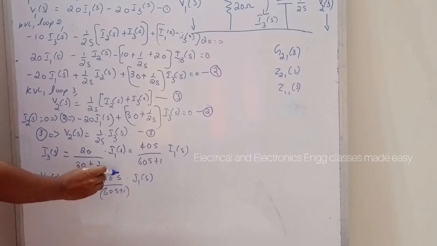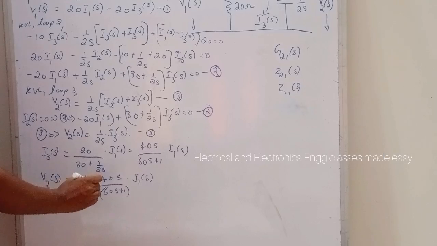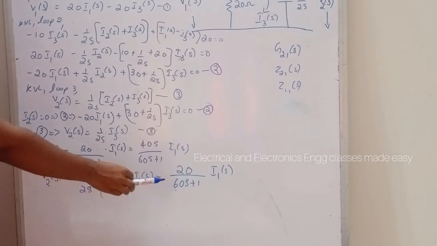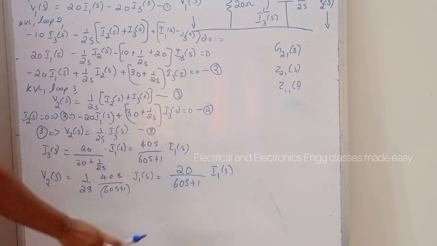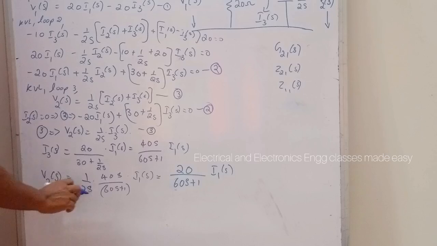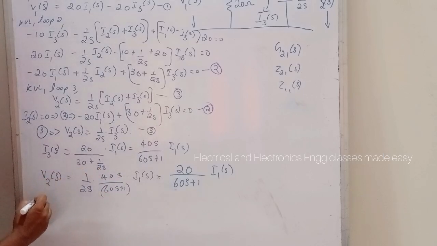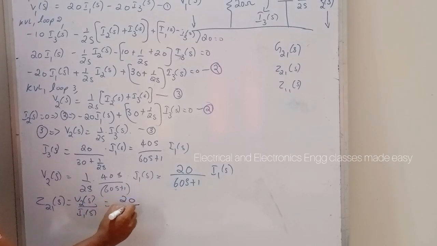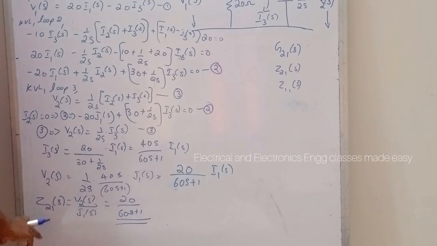So here s cancelled and 2 twenties. So we will get 20 divided by 60s plus 1 into I1(s). That is, from here we can write Z21(s). Z21(s) is equal to V2(s) divided by I1(s), and that is equal to 20 divided by 60s plus 1. So this is the value of Z21(s).